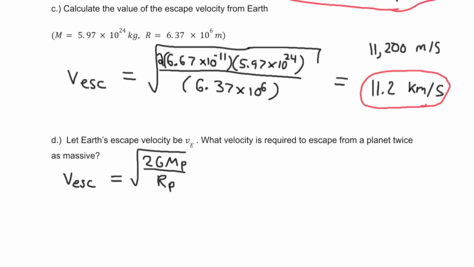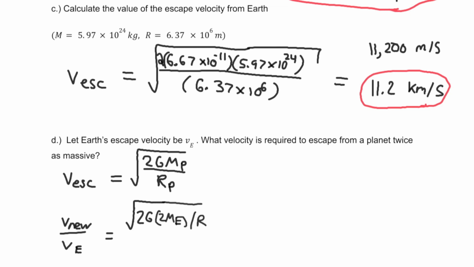We could do this with the whole ratio approach: V new divided by V Earth is equal to the square root of 2G times the new mass, which is 2 times the Earth's mass, divided by r, divided by the square root of 2G times Earth's mass divided by r. You'll see a lot of stuff in fact cancels.